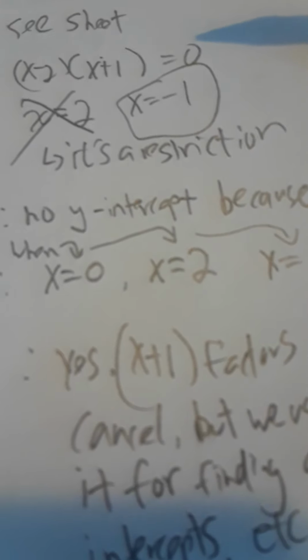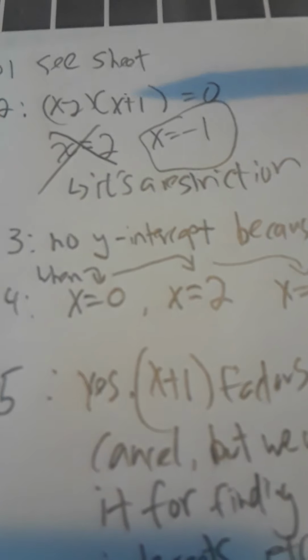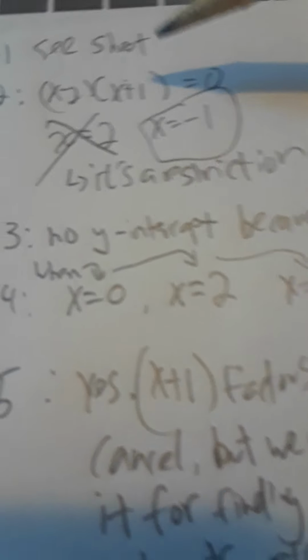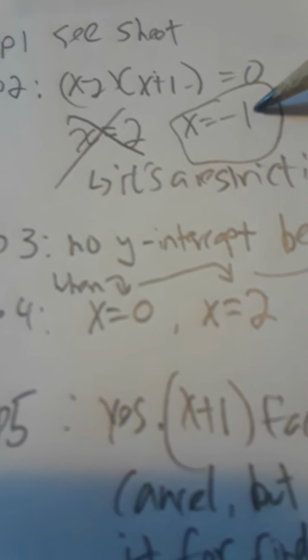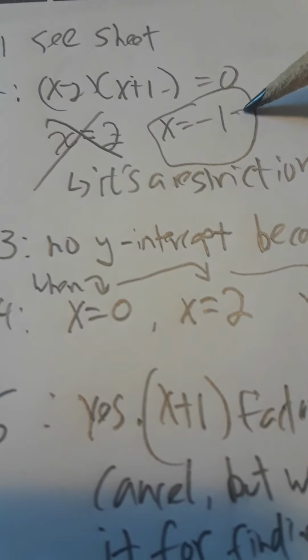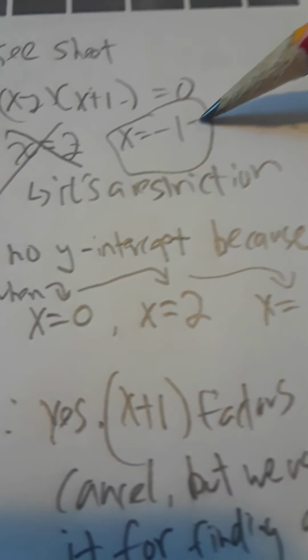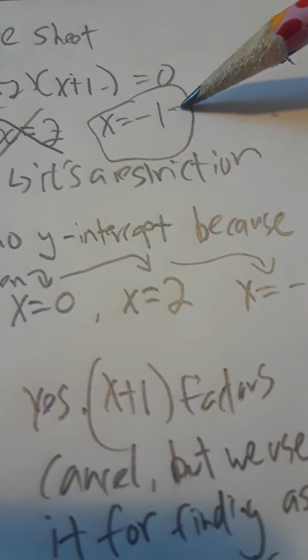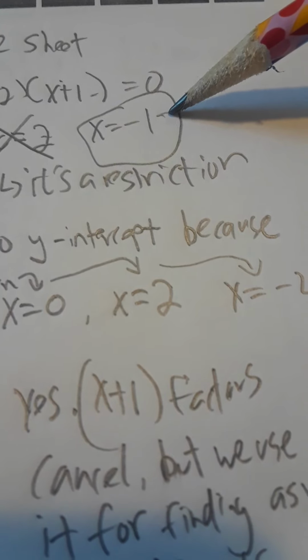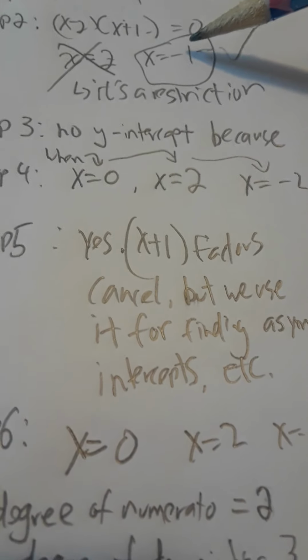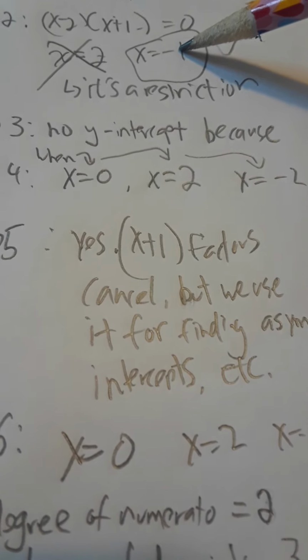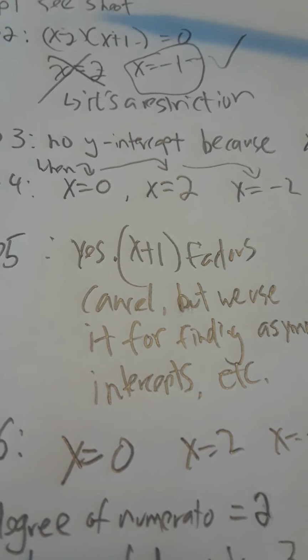So x minus 2, x plus 1 is what factors on top. The 2 won't work because it's a restriction, but negative 1 is one that will actually work, because negative 1 will give you 0 there. The 2 won't work just because it's also a restriction.